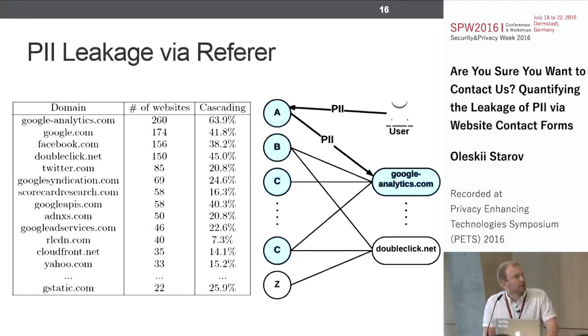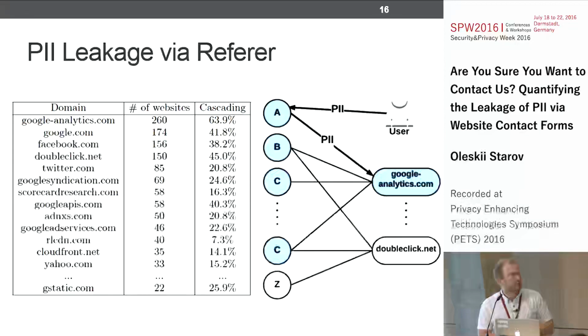So let me explain. Accidental leakage is leakage via referral, right? And here we see that on hundreds of websites, we found domains that receive this PII. The thing is that those domains are really popular. For example, only one case of a leakage is enough. So googleanalytics.com or doubleclick.com will find out your PII, and they will be able to identify this user with his real PII on the majority of websites, on 64% or 45% of all popular websites.